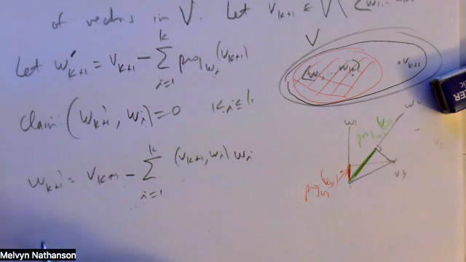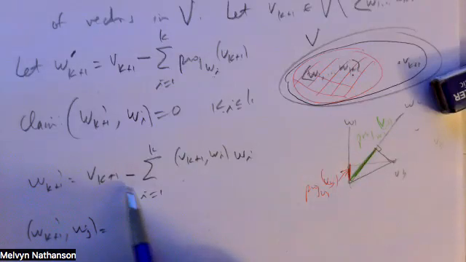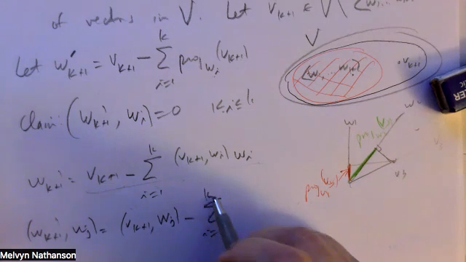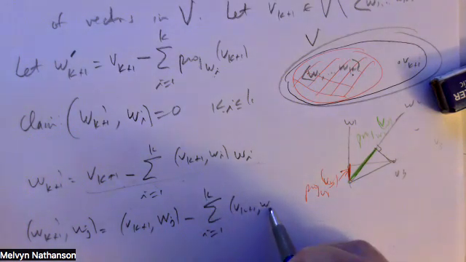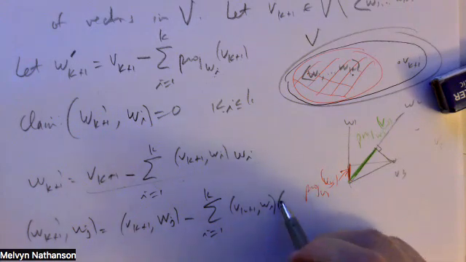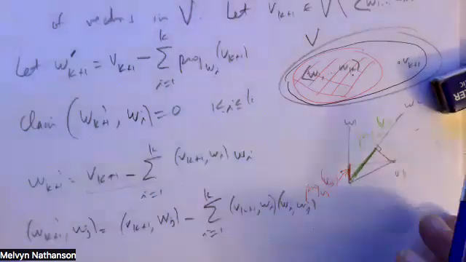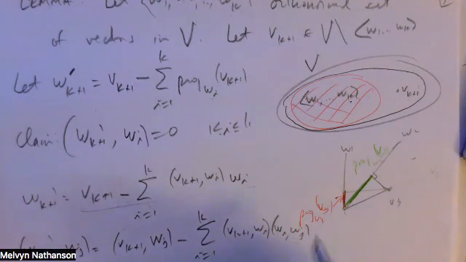So then we compute the inner product of w_{k+1} prime and some wj. So I'm going to take the inner product of all this with wj. So that's <v_{k+1}, wj> minus the sum, i goes from 1 up to k, of <v_{k+1}, wi> times <wi, wj>. And what can we say about that? Well, these vectors are orthogonal, right? The vectors in the set W. So this inner product is 0 if i is different from j.